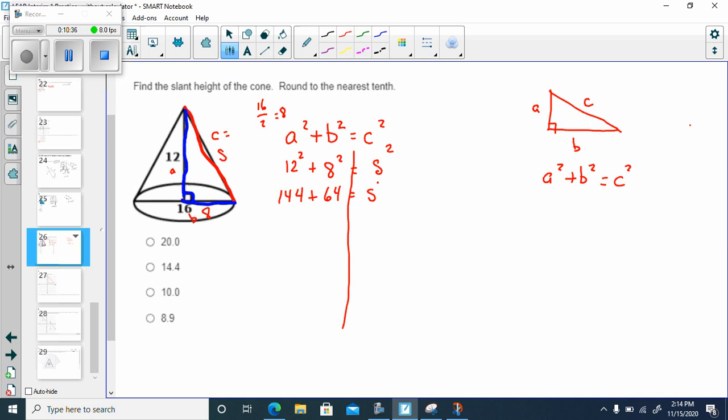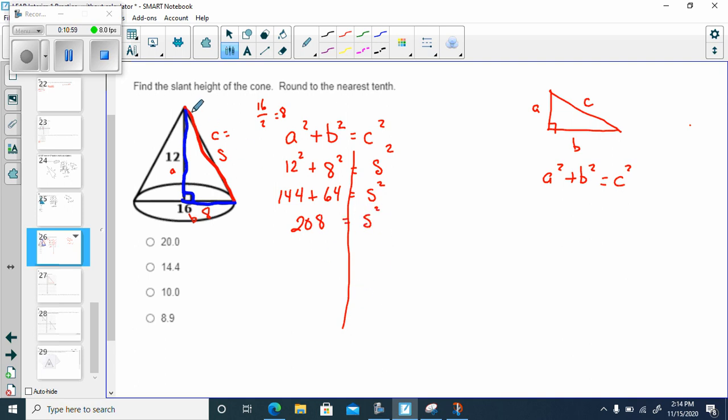That gives you your slant height squared. Now, before I cross that equal sign, let's collect our like terms. We can add 144 plus 64, and we get 208. 208 is equal to the slant height squared.